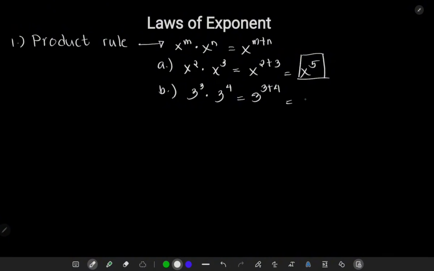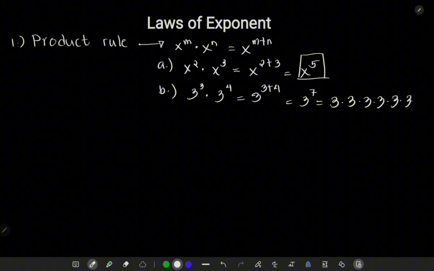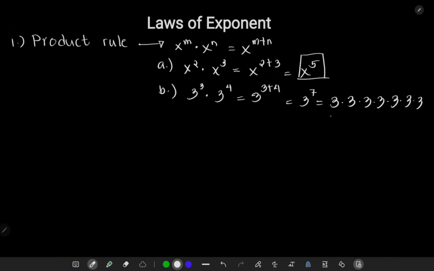So we have 3 raised to 7. And 3 raised to 7 is the same as multiplying 3 7 times by itself. So we have 1, 2, 3, 4, 5, 6, 7. So the value of that is 2,187.